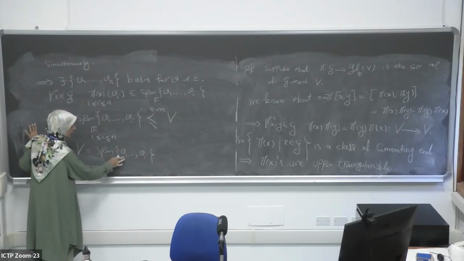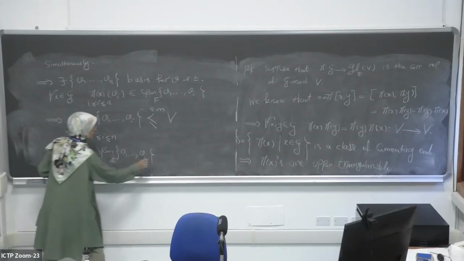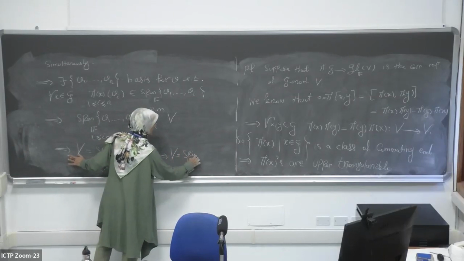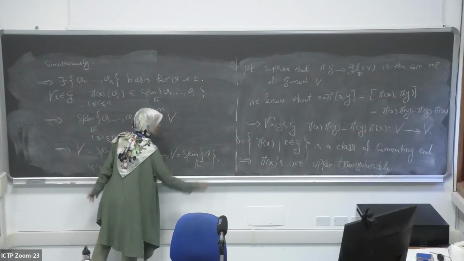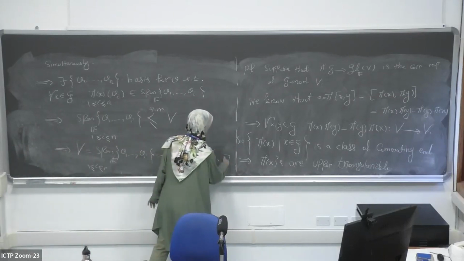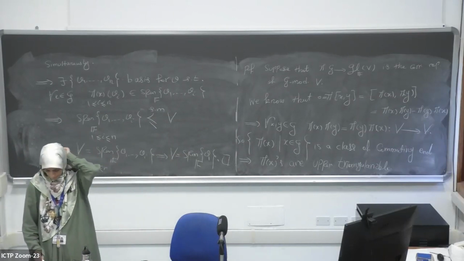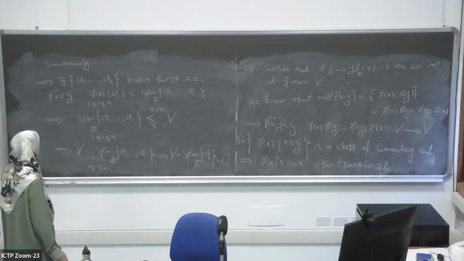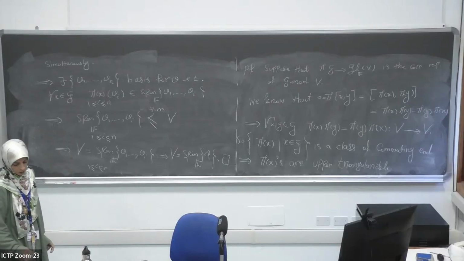But V1 up to Vn is linearly independent, so it means that V is just span V1. So V is finite dimension. Okay.